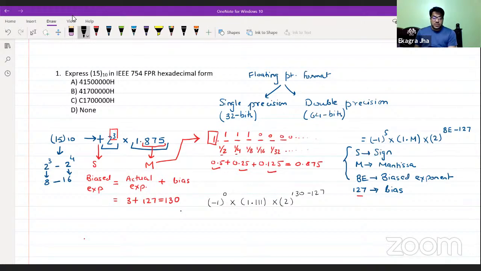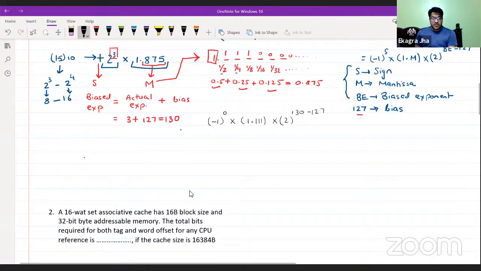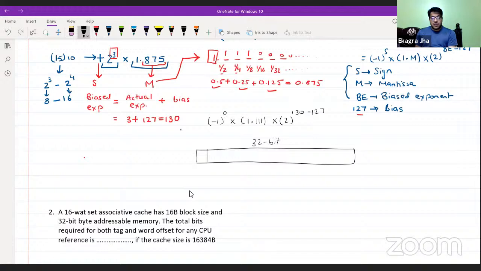All you need is to calculate these values in the hexadecimal format. There is another format for single precision. This format must be 32 bits long.